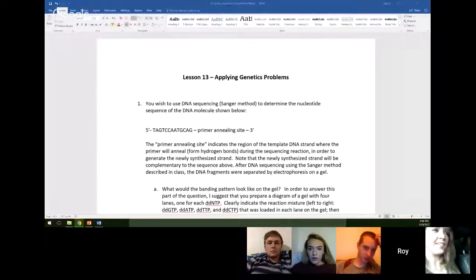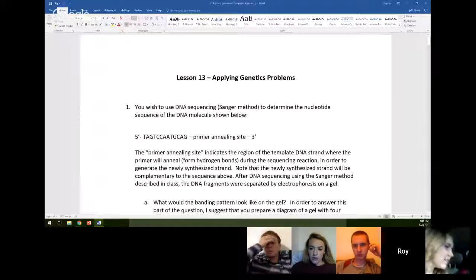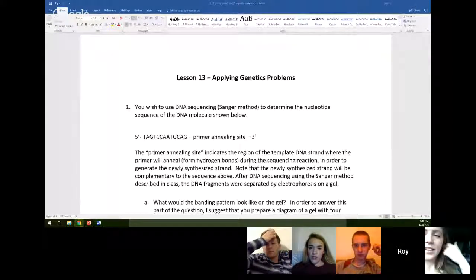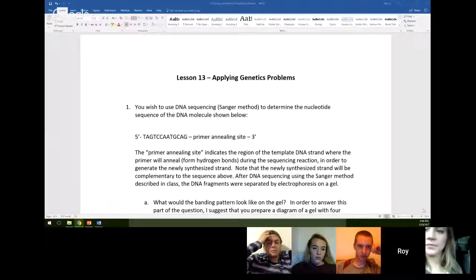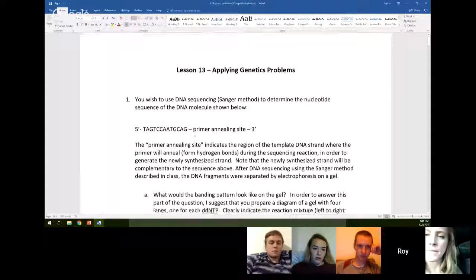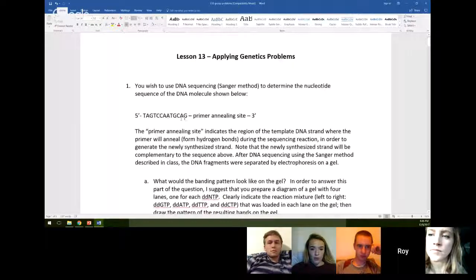Okay, so it says you wish to use DNA sequencing, the Sanger method, to determine the nucleotide sequence of the DNA molecule shown below. So 5' and then TAGTC, whatever, primer annealing site, and the 3' end.